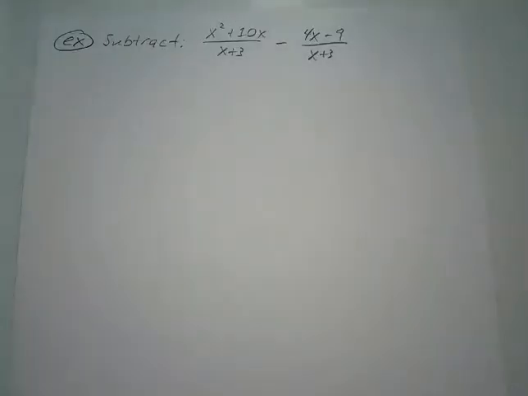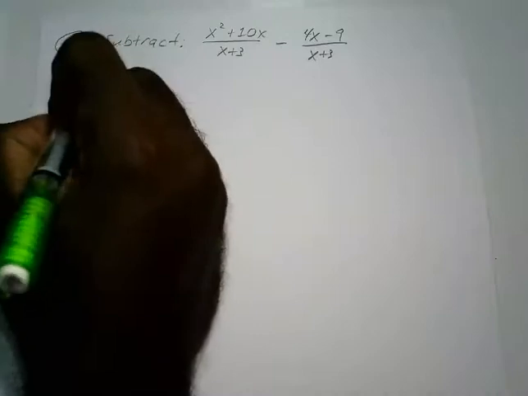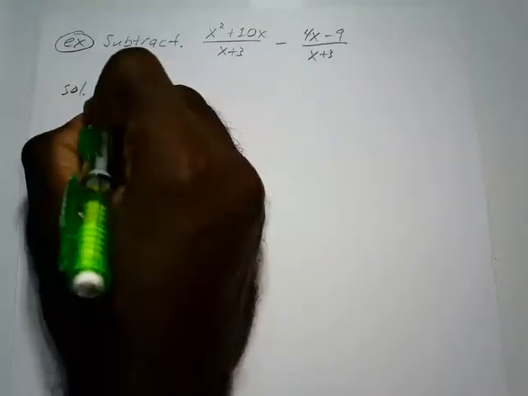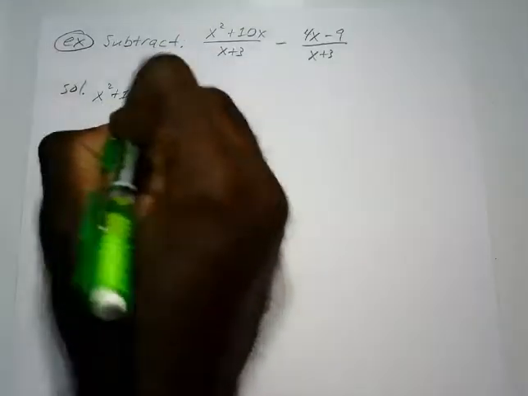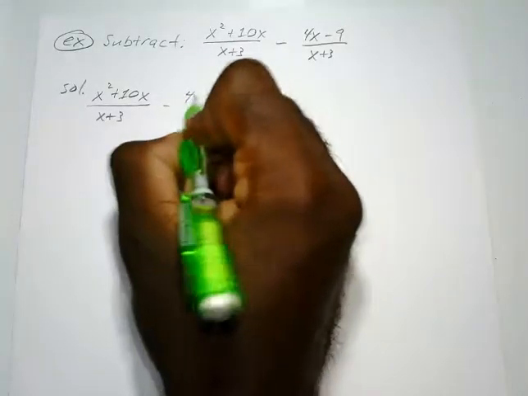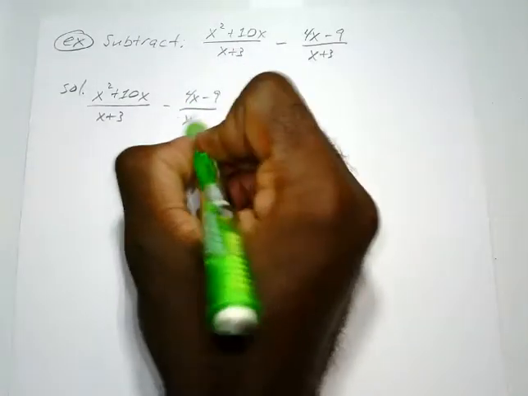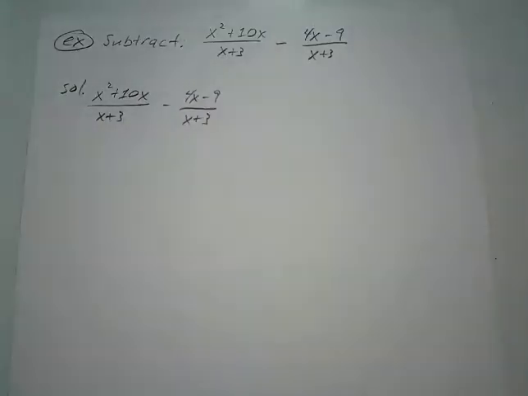This will show you the importance of parentheses. I'm going to do a quick rewrite: x squared plus 10x over x plus 3 minus 4x minus 9 over x plus 3.